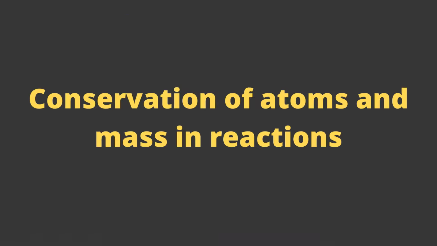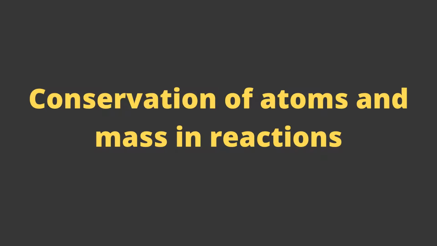And now, before we start actually balancing chemical equations, we need to understand the law that governs this chemical reaction, that tells us that they need to be balanced, and that is the conservation of atoms and mass in reactions.